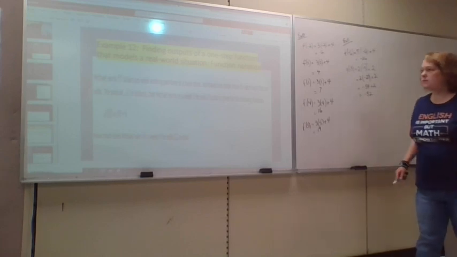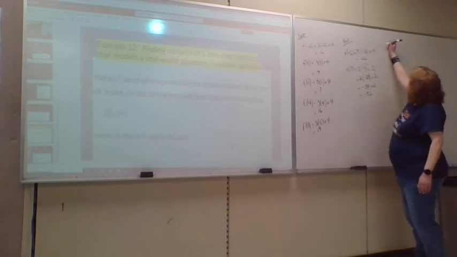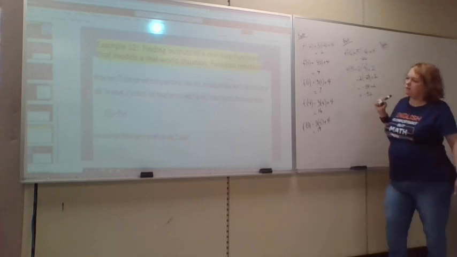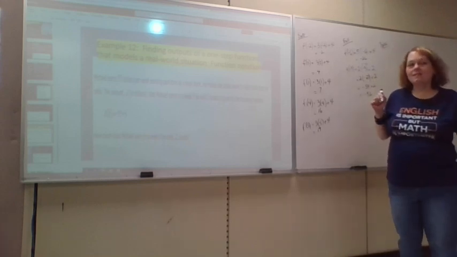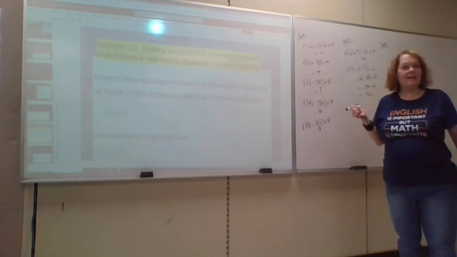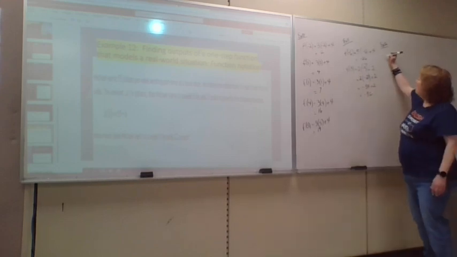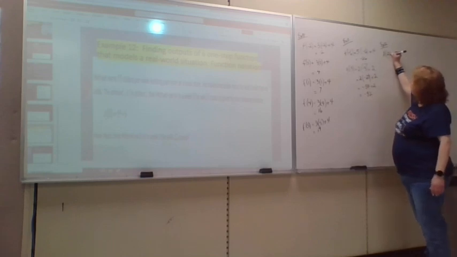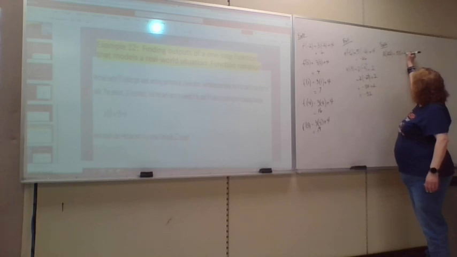What are we going to do there? This is example 12. Would it be 55 plus 22? Yes. Good job. And this is 22, which would be 55 plus 22.